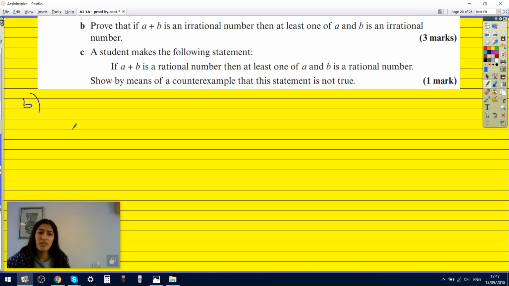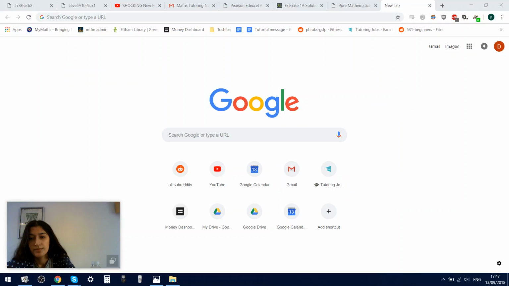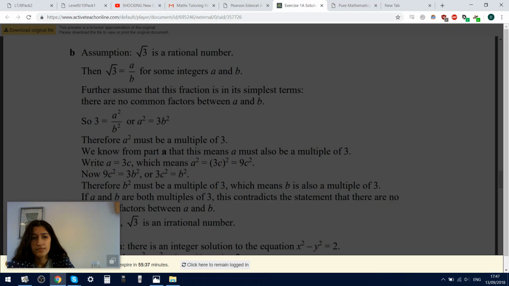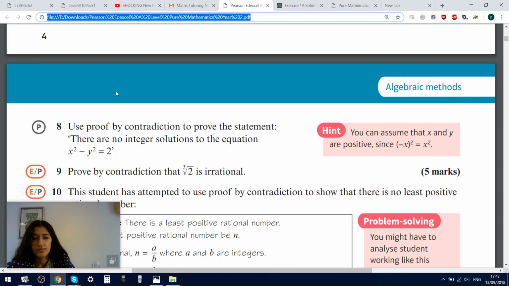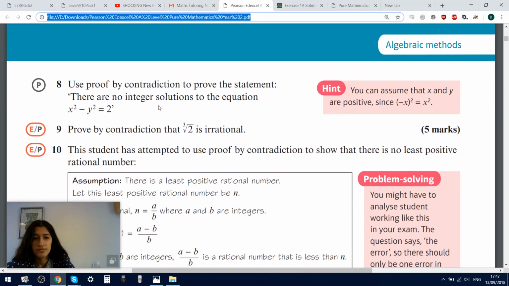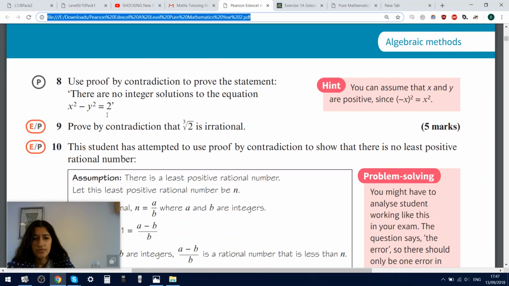If it's the first time it's coming up on the exam, where are you getting these questions from? So this is the book written by the people who write the exam paper. So Pearson Edexcel, they are the ones who are saying that these are exam questions.